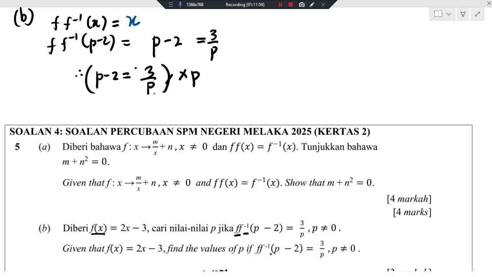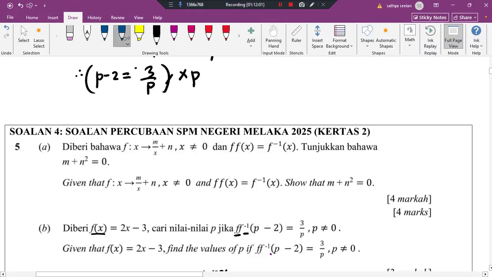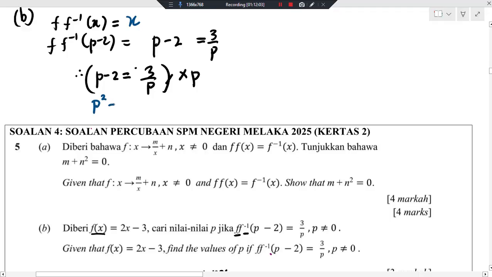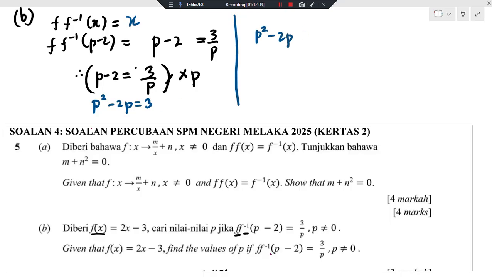And then P and P here, 3, 1. You factorize by your own. Use your calculator. Tengok jawapan cikgu betul tak? P equal to 3 and P equal to negative 1.